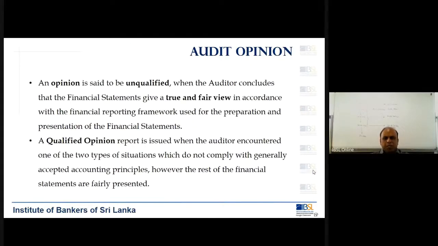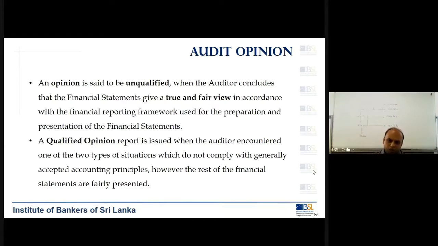The audit opinion has two forms. We call that an unqualified opinion and a qualified opinion. These two have to be clearly understood. An opinion is said to be unqualified when the auditor concludes that the financial statements give a true and fair view. Now, don't get confused. When people get through an exam, we say they are qualified.